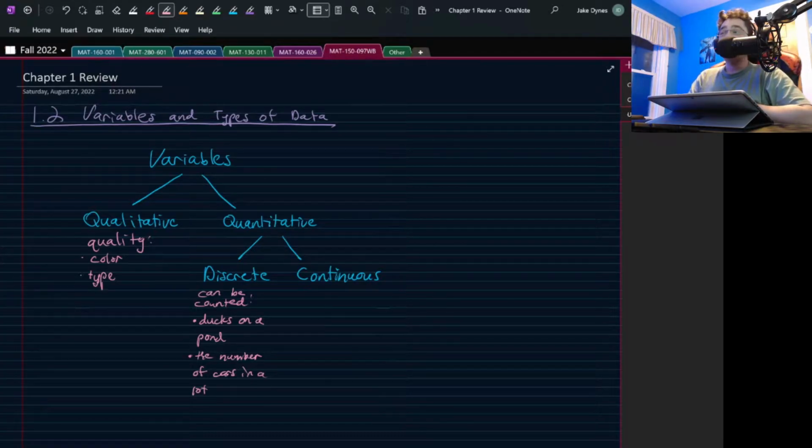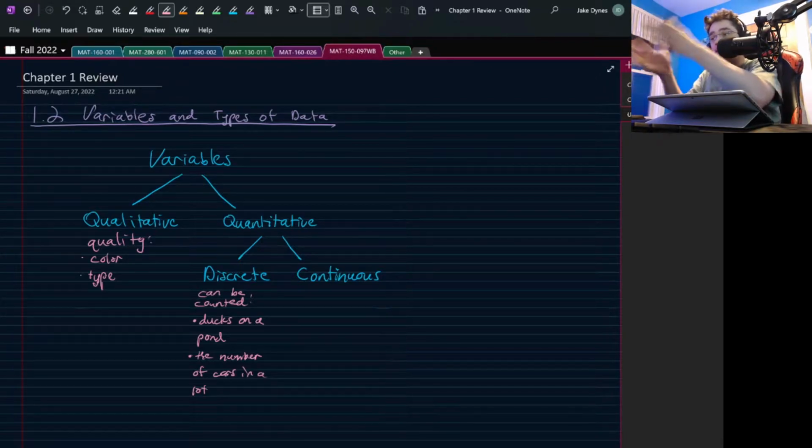Things like, what else? Height, right? You could be 5'9". You could be 5'9" and a half. You could be 5 feet 9 inches, 5 feet and 9.5 inches, 5 feet 9.25 inches, 5 feet 9 1/8 inches, right?